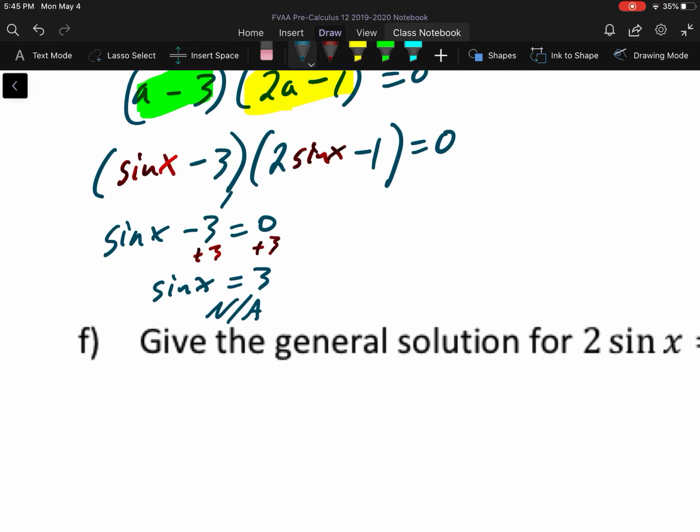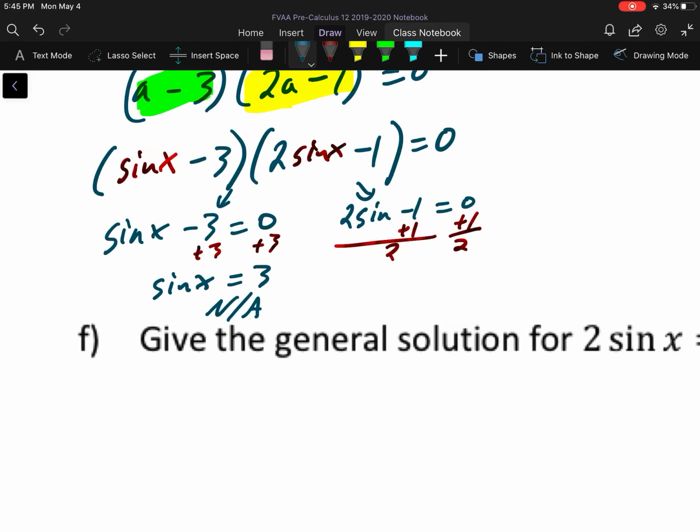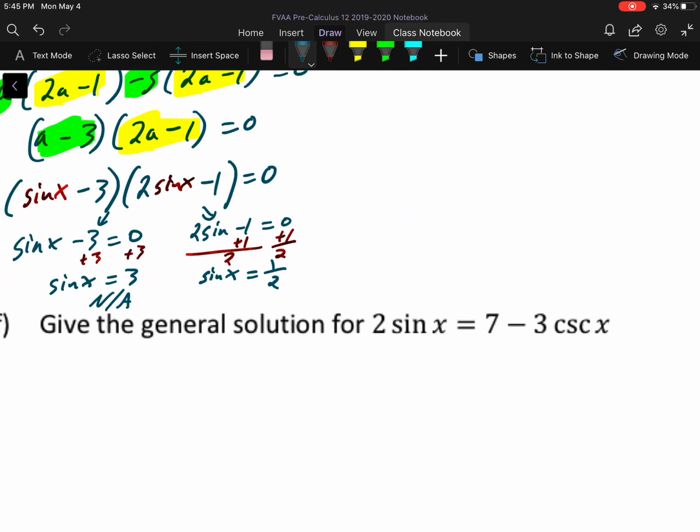But for the other one, 2 sine x minus 1 is equal to 0, plus 1, divided by 2, sine x is equal to 1 over 2. Where on your unit circle is sine x equal to 1 over 2? Sine x is equal to 1/2, where?